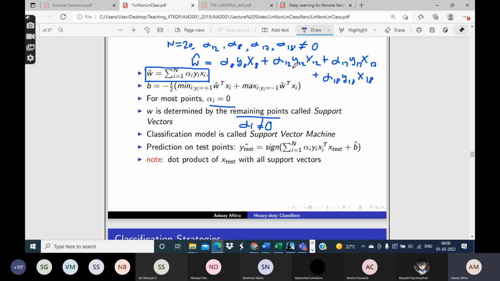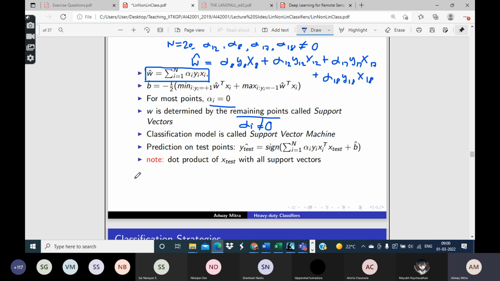These are the points on which W is supported. So these x12, 17, 18, these are all feature vectors, and they support W. That is why they are called the support vectors, and the model is called the support vector machine. And once we have this support vector machine, we will do the prediction on any test point in the following way.